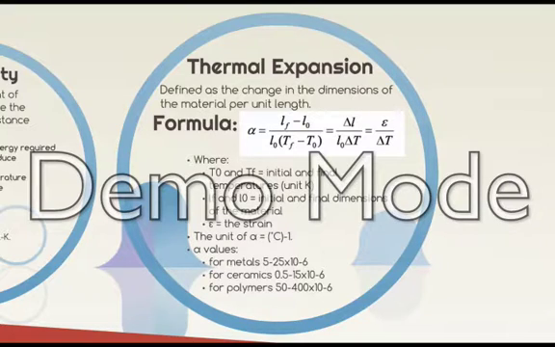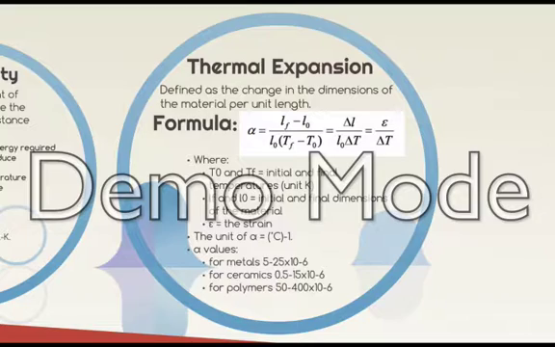Thermal expansion is defined as the change in the dimensions of the material per unit length. This is the formula of thermal expansion, where T0 and Tf are the initial and final temperatures, with the unit K, and L0 and Lf are the initial and final dimensions of the material.